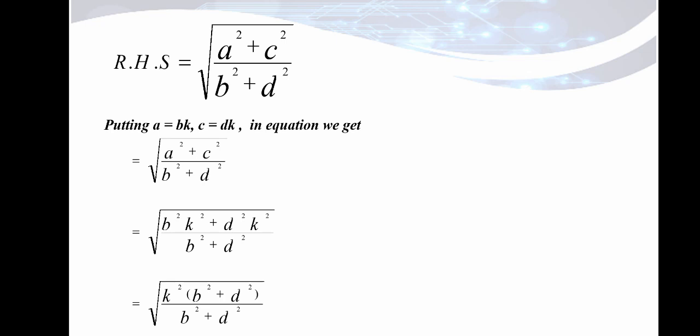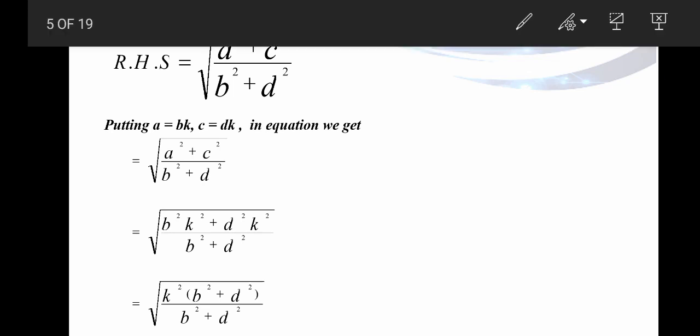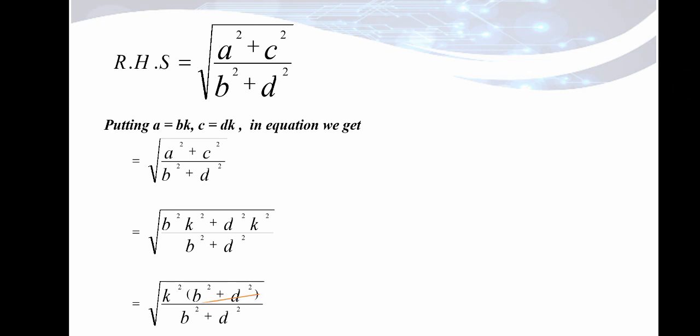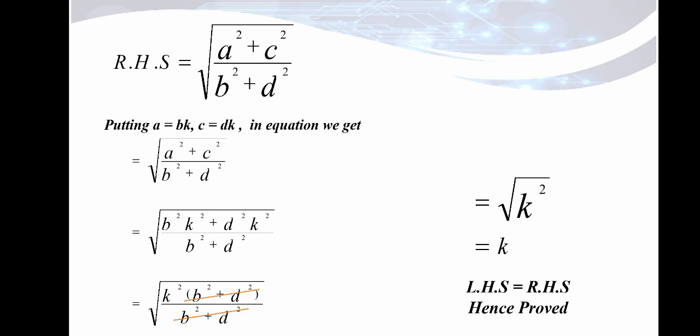We will take the common K square into (B square plus D square) over (B square plus D square), and on the outer side we will draw the square root. B square plus D square are the same, so it will be cancelled. Now the remaining term will be K square and the square root is equal to power 1 by 2, so square and square root will be cancelled and the remaining answer will be K. So it means left hand side is equal to right hand side, hence proved.